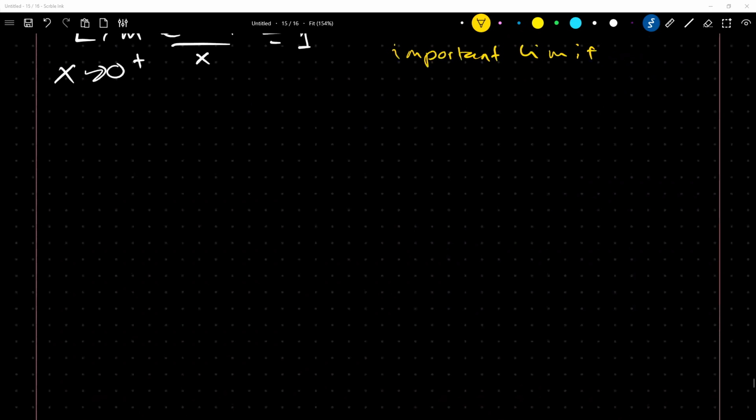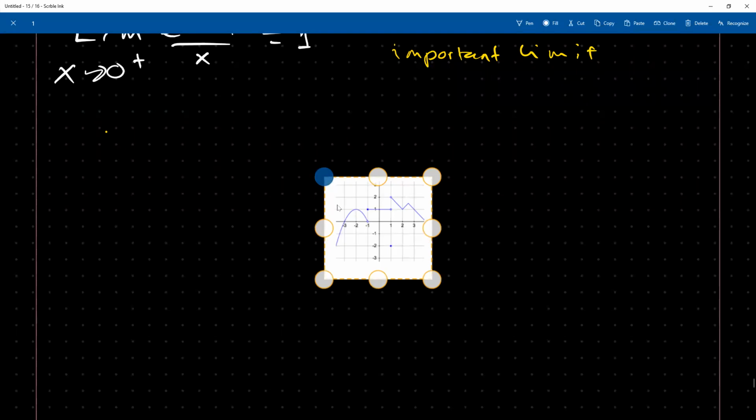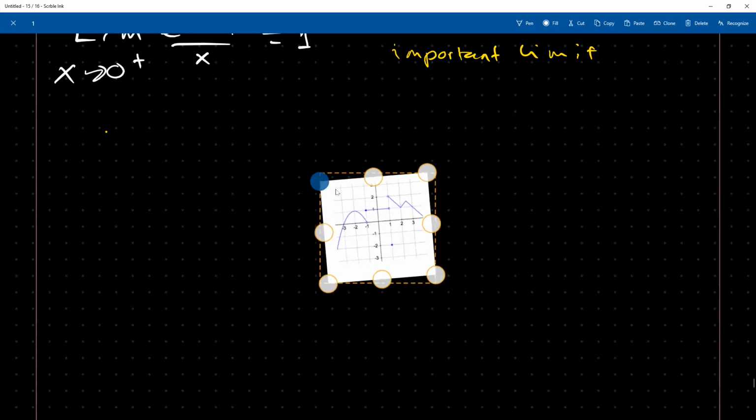So let me grab one thing here. So we've seen how we can investigate limits at various different points to try to see if we can investigate functions to see if the limit exists at some particular point or not.